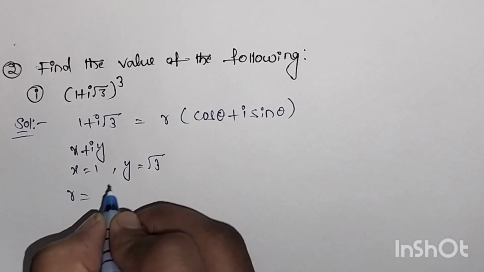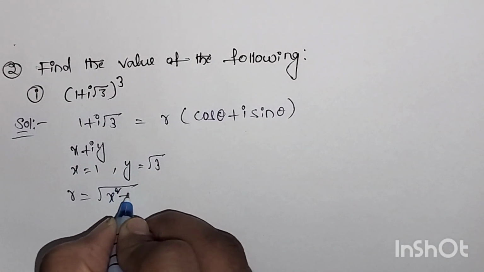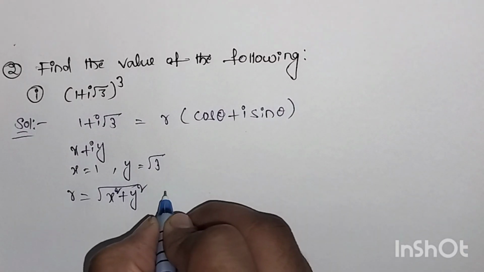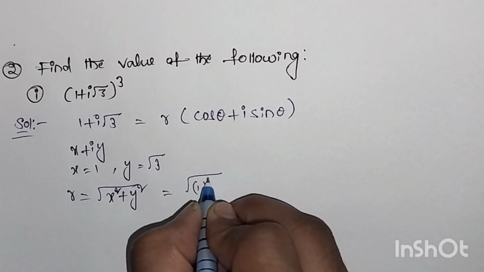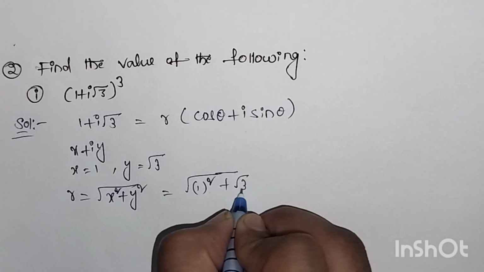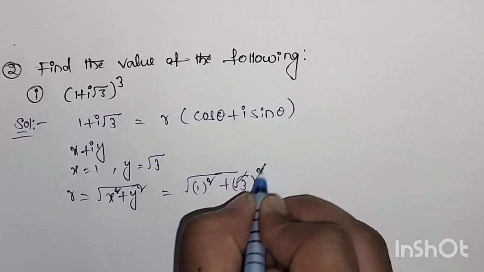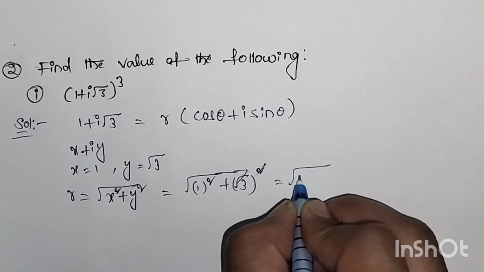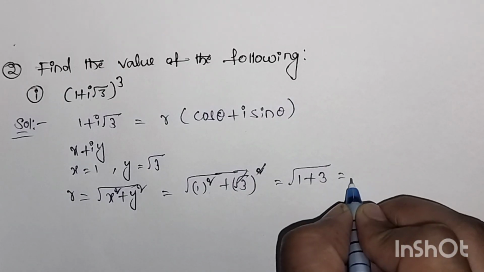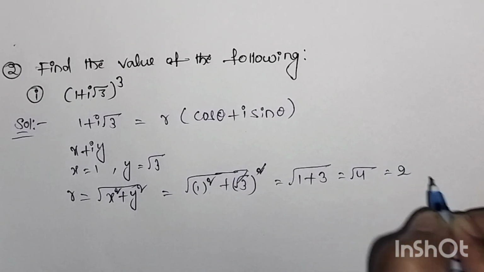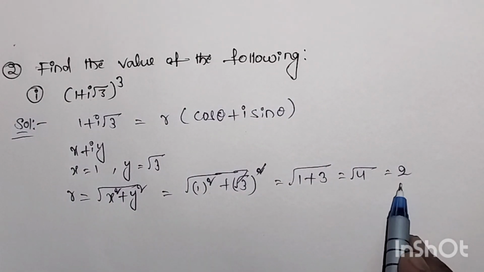Then r equals root of x square plus y square, that equals 1 square plus root 3 whole square. Root square gets cancelled, that equals 1 plus 3, which is root 4, which equals 2. So r equals 2.